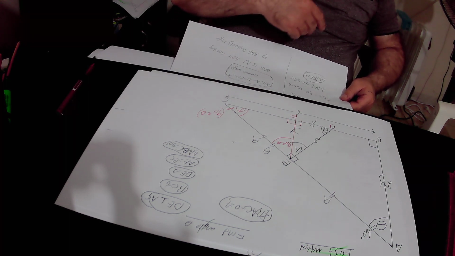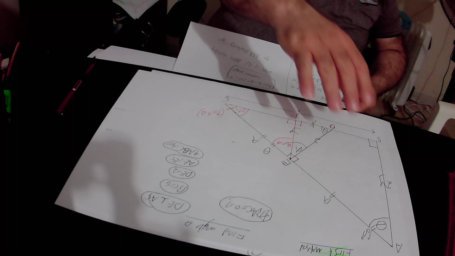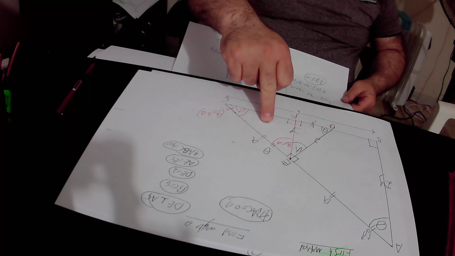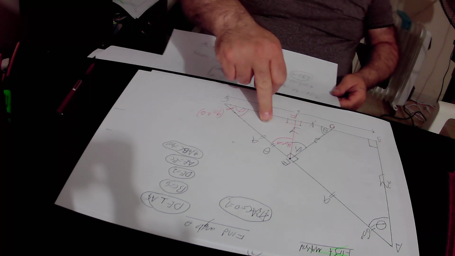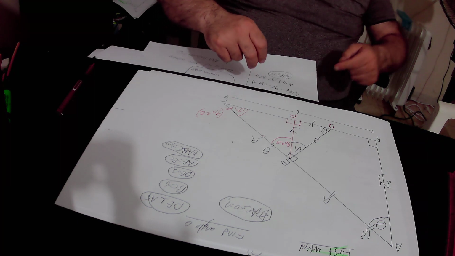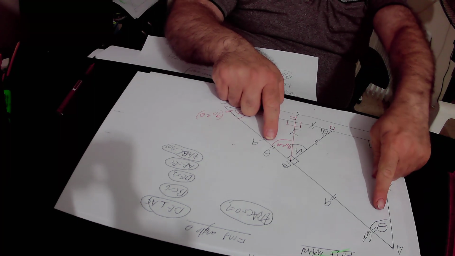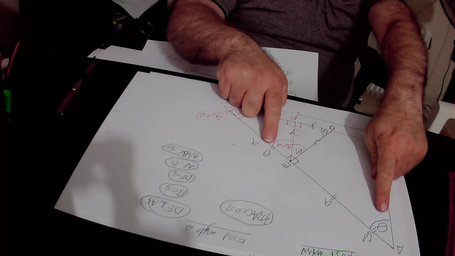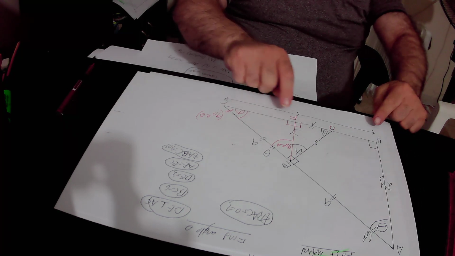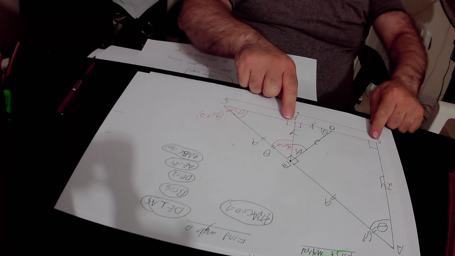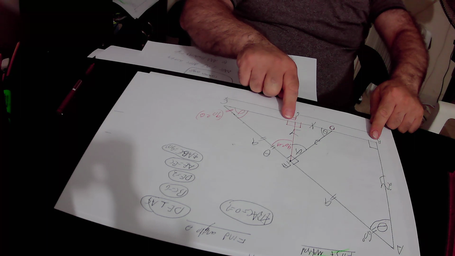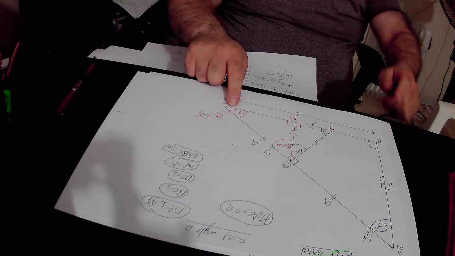In the next step, we proved that the right triangle ABC is similar to the small right triangle FEC. So why are those two right triangles similar to each other? First of all, those two angles are equal to each other, they are both equal to theta. Those two angles are also equal to each other, they are both equal to 90 degrees.